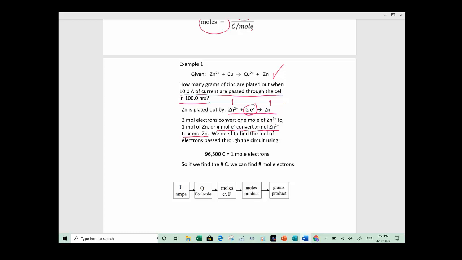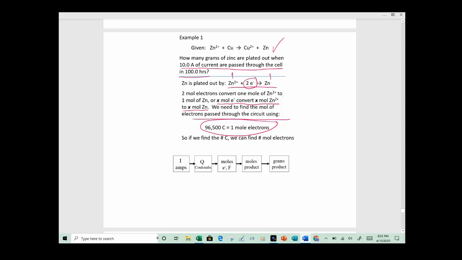We simply need to find the moles of electrons passing through our circuit using this number here. So if we find out that we have 2 moles passing through our circuit, then we get 1 mole of zinc. So here's a schematic of the calculation. We'll change current to coulombs, use Faraday's constant, and then convert moles of reactant to moles of product.